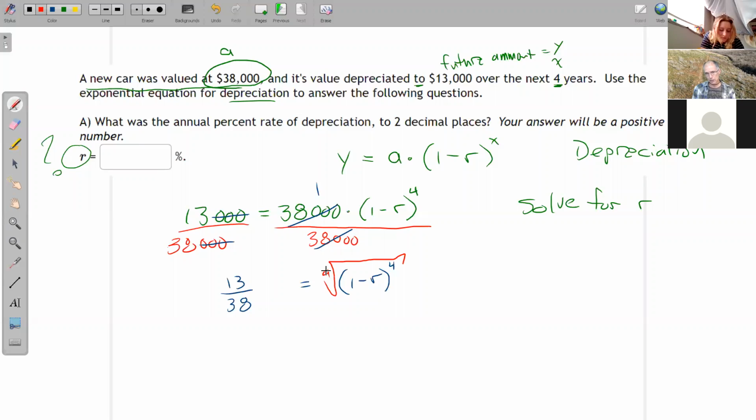And a lot of calculators have a button for that. So we'll see if my Desmos one does. I got to do the same thing on the other side. So I want the fourth root of that fraction. The point is the fourth root and the fourth power cancel, leaving just the 1 minus r on this side. So I'm going to check what this is on my calculator because I'm getting close to the end.